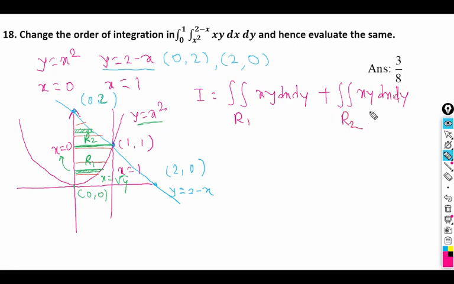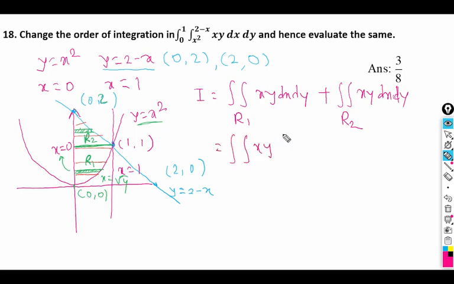That is the splitting of the region. Why did we take R1 and R2? Because the upper end of the strip is not varying on the same curve throughout dragging. When we drag from y equal to 0 to y equal to 1, it varies on the parabola, but from 1 to 2 it varies on the straight line. Because of that, we get the limits like this.